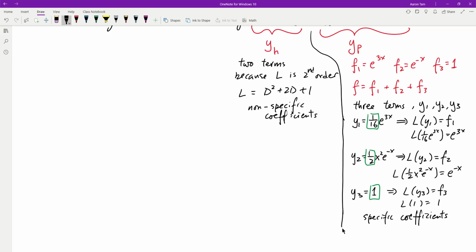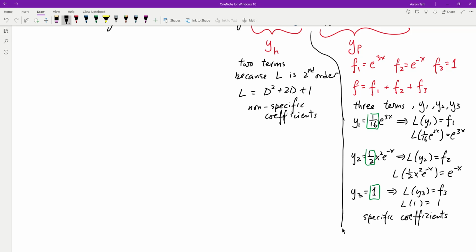Now, how does that help me? I mean, you already know this. You already know how to identify homogeneous versus particular solution. It's based on the coefficient being non-specific, c1, c2, c3, or a specific coefficient, whatever number that might be.